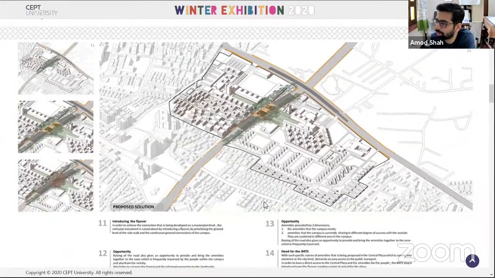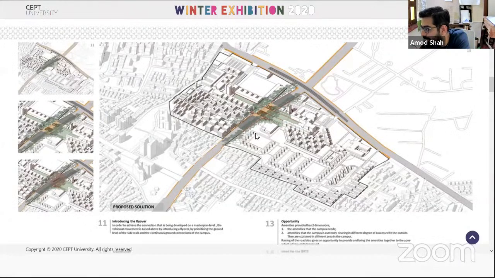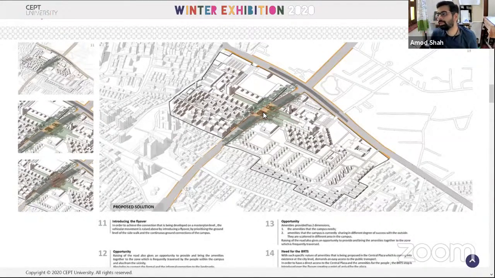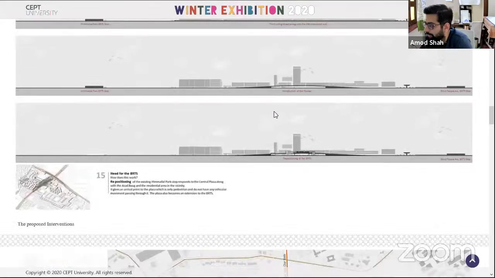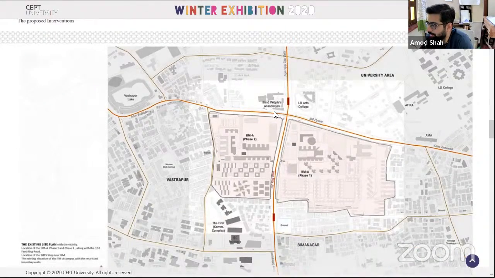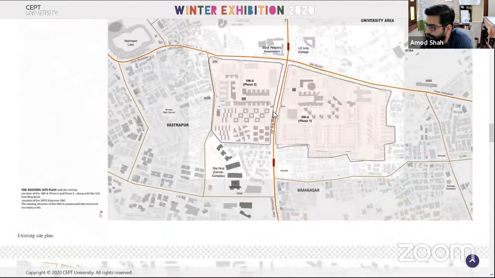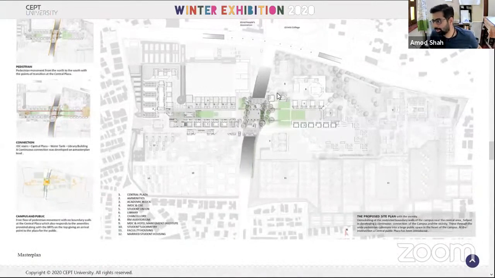So we put a small bridge on top of this, so that the entire neighborhood can connect down to the space below the flyover which we introduced, which is right here in between the two campuses, the gray strip. And we introduce the activities in between them. So one, it helps the two campuses to become one, and two, it sort of helps connect the neighborhood back onto the central plaza, as we call it.